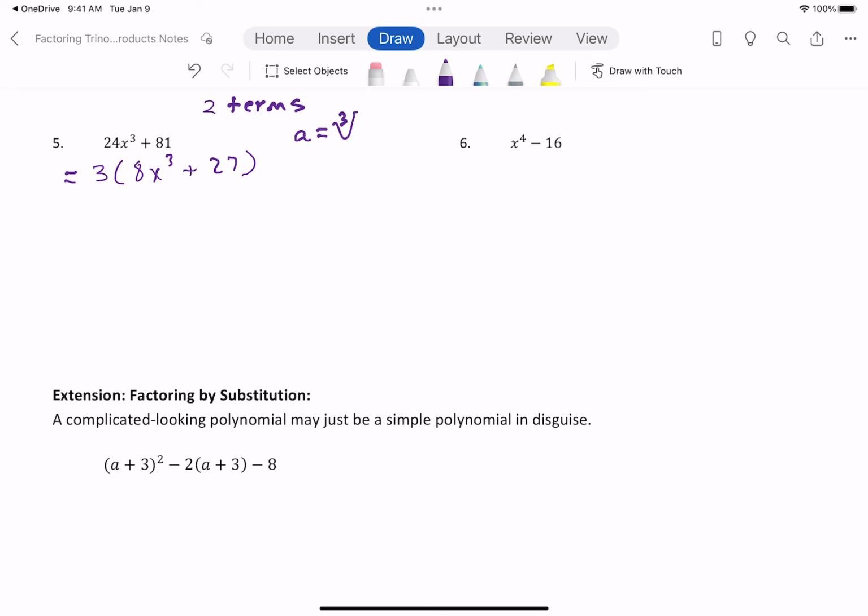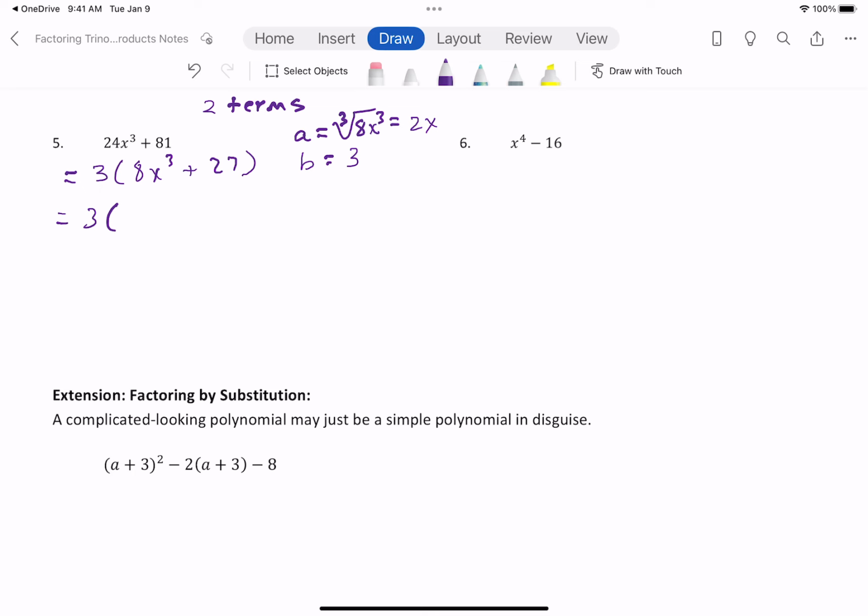So a, we need the cube root of 8x cubed. So I need to multiply 2 times itself 3 times to get 8, and x times itself 3 times to get x cubed. And then for b, I need to multiply 3 times itself 3 times to get 27.